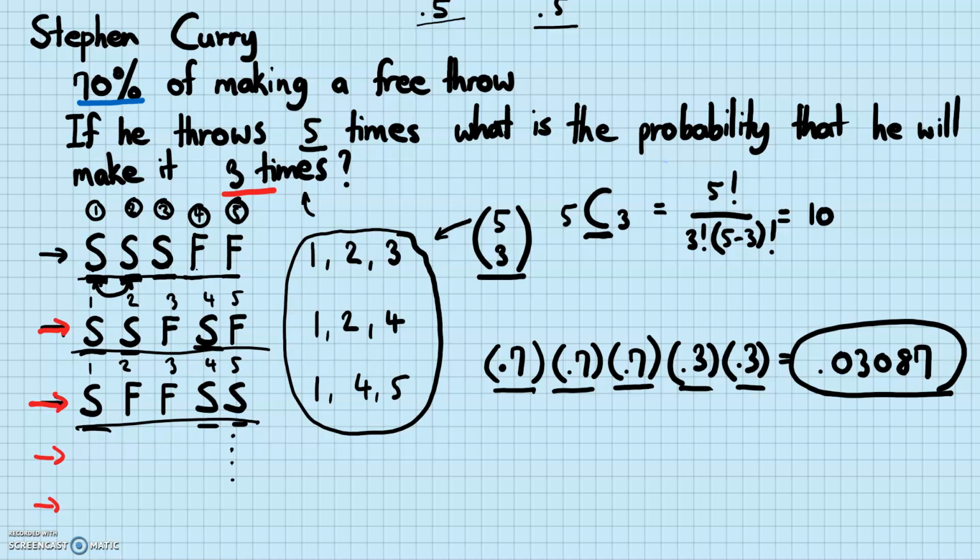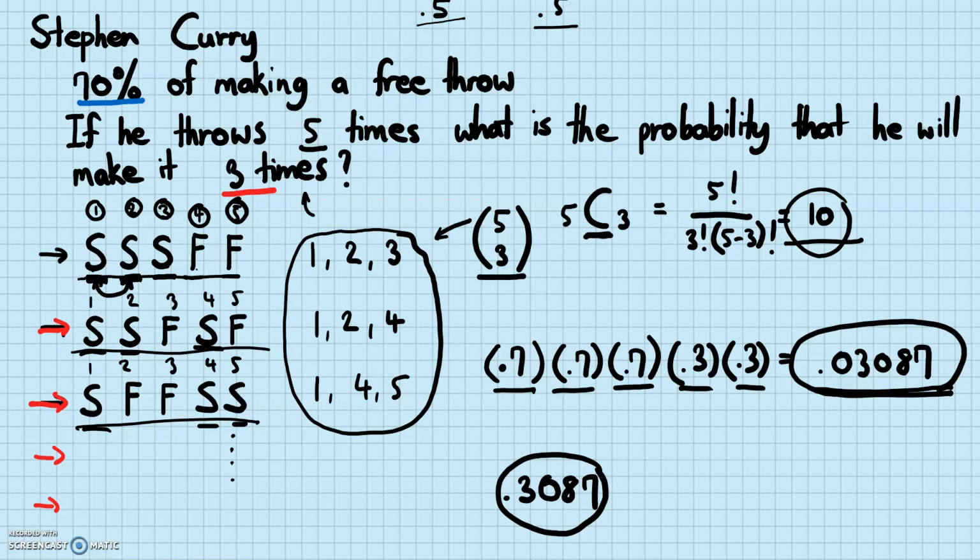And since there are 10 of those, to get the overall probability, you just need to multiply the 10 times this. So the probability that Stephen Curry makes exactly three baskets out of 5 will be about 31%, or there's about a 31% chance that he will make exactly 3 baskets.